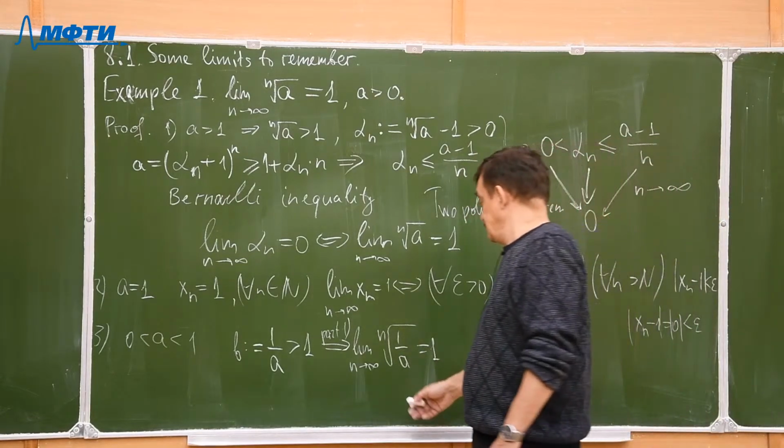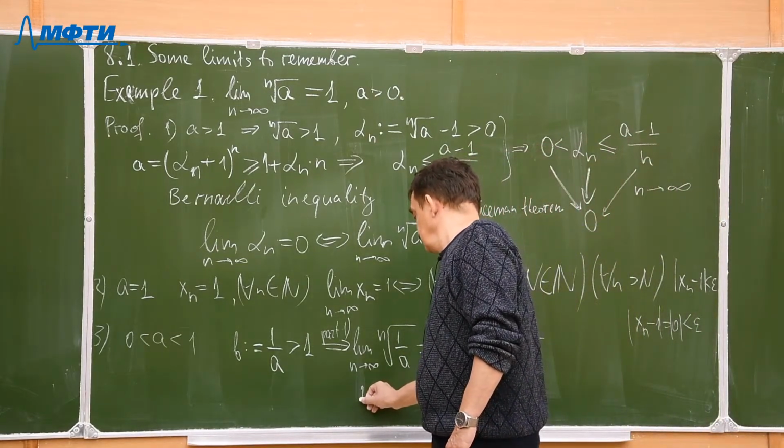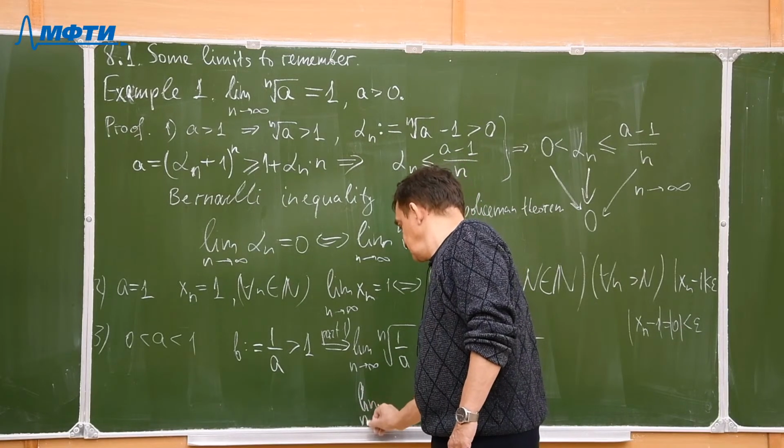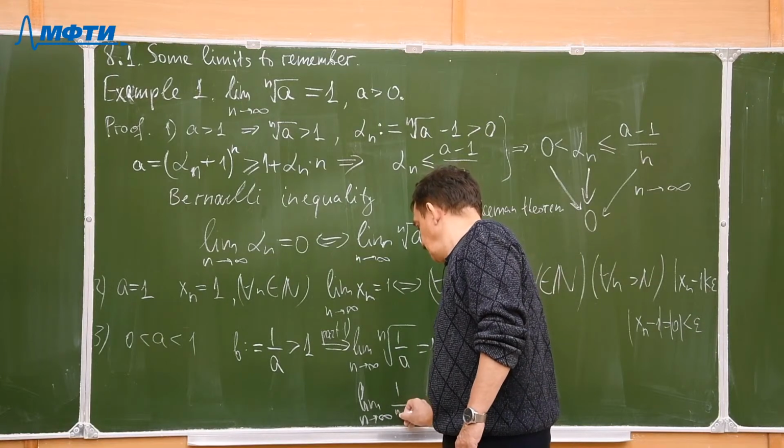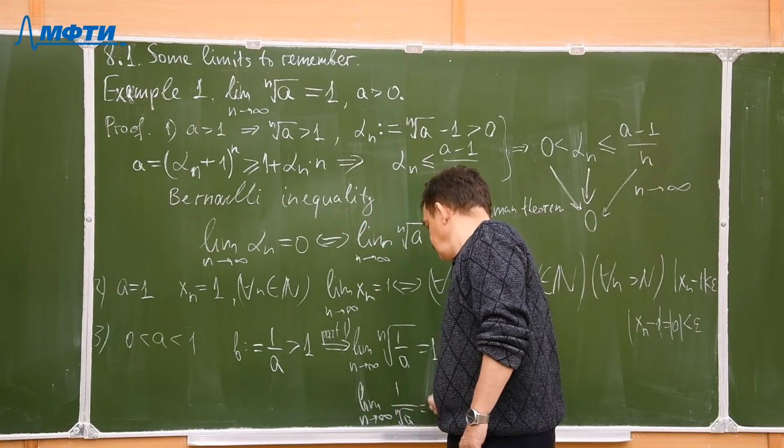And it means, by properties of roots, the limit of 1 over nth root of a equals 1.